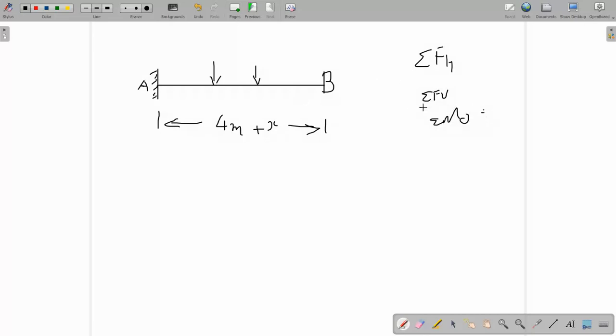So we will use the moment equation about the fixed point. Moment about A, if clockwise, we will take as positive, and if the answer comes negative, anti-clockwise, then we will take as negative.